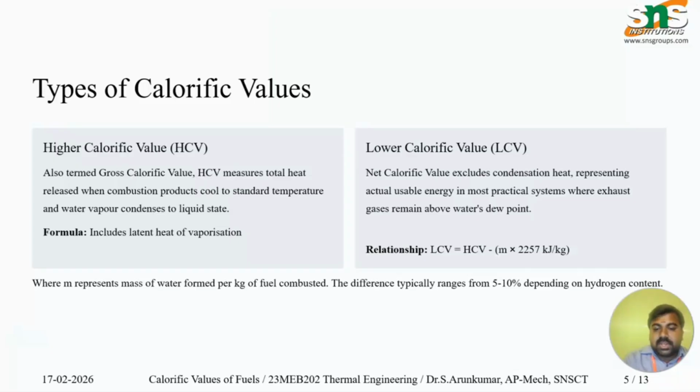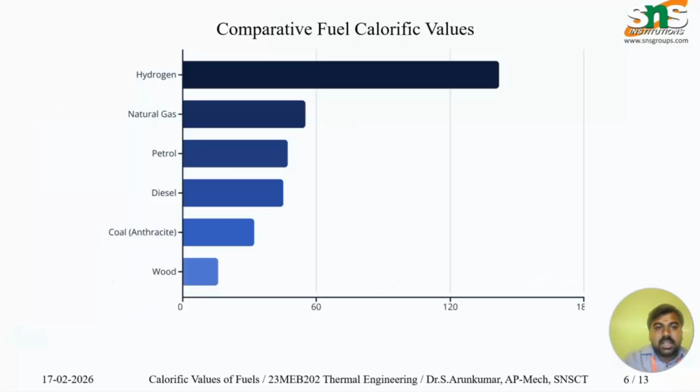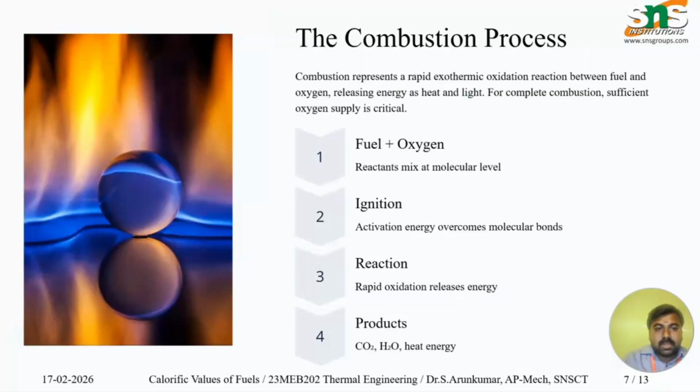The difference typically ranges from 5 to 10% depending upon the hydrogen content. So these are some examples of comparative fuel calorific values. The comparison is plotted in the graph for wood, coal, diesel, petrol, natural gas and hydrogen. Comparing all the fuels, hydrogen has the highest calorific value.